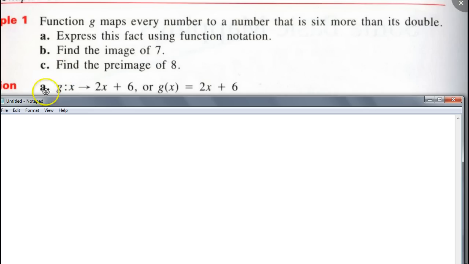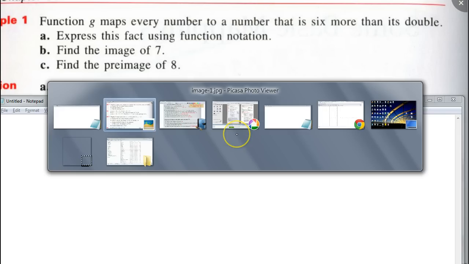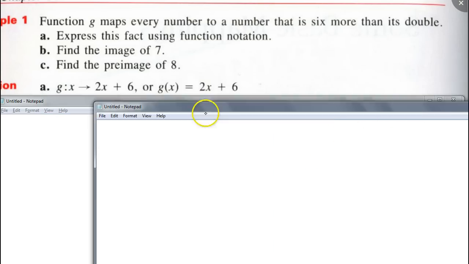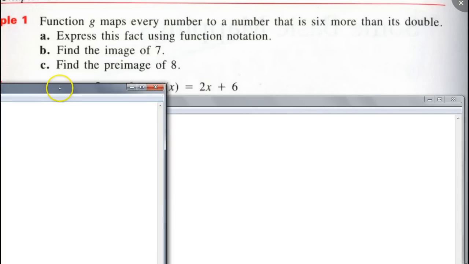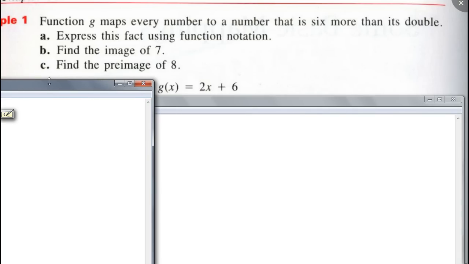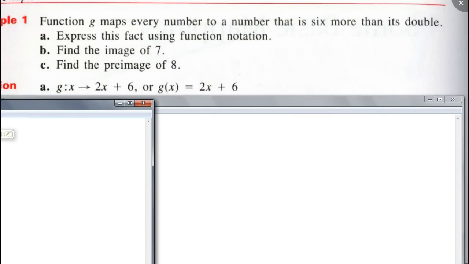The one on the left, what kind of notation is this? Here's the function notation first of all, because it says g of x equals 2x plus 6. Whatever you plug in for your input, you get your output as 2x plus 6, right? Now, what is the other notation called? That's called mapping notation.